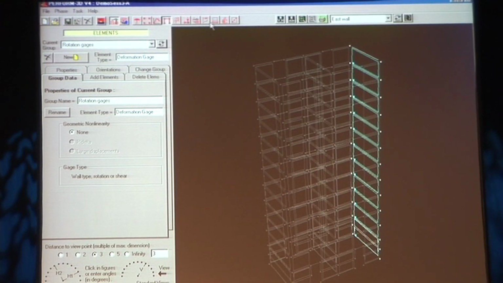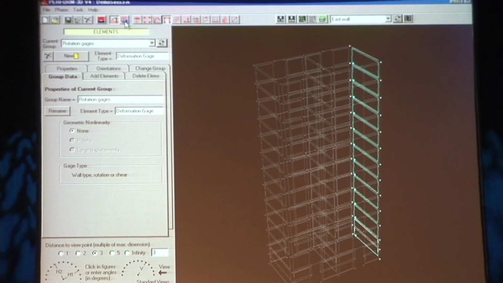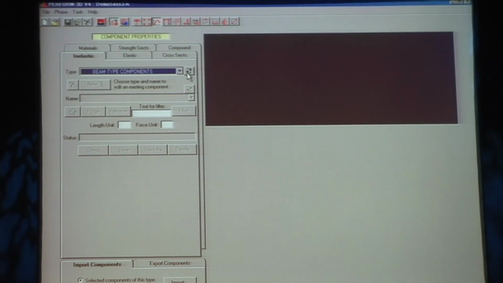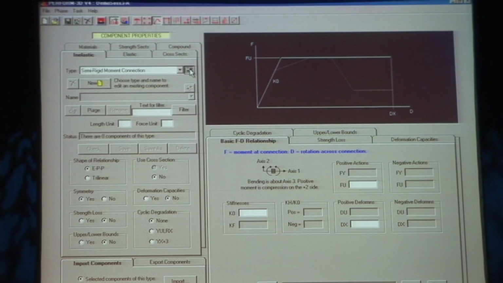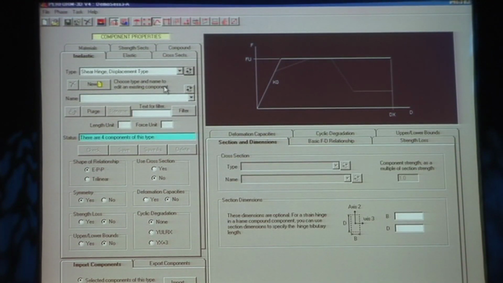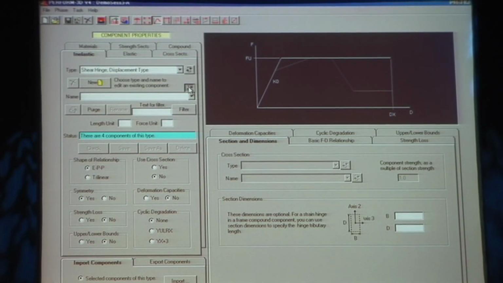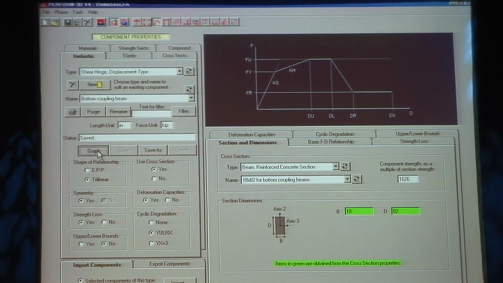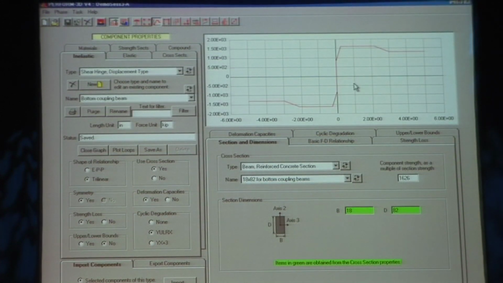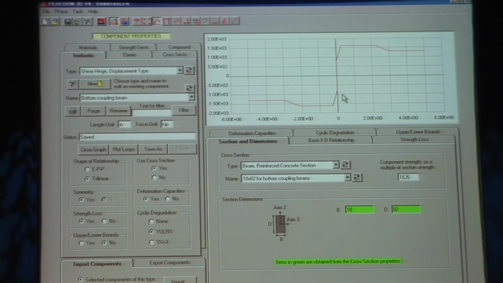I've run a number of analyses, and let's also look at the coupling beams. Okay, the coupling beams are allowed to yield in shear, and this is the shear force versus shear displacement relationship for one of the coupling beams.